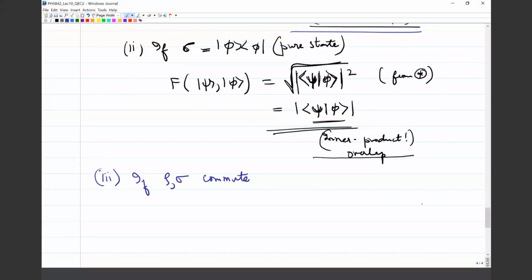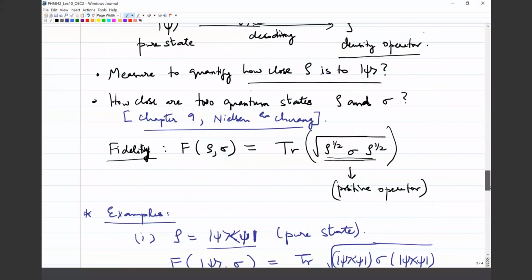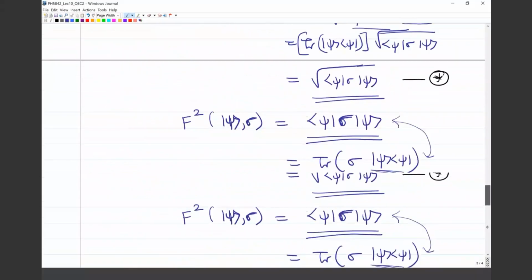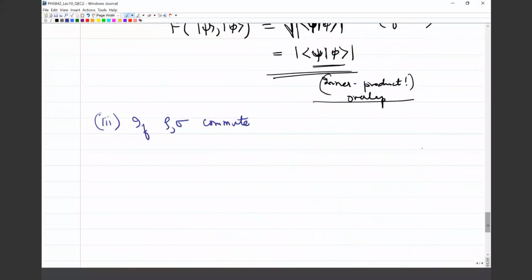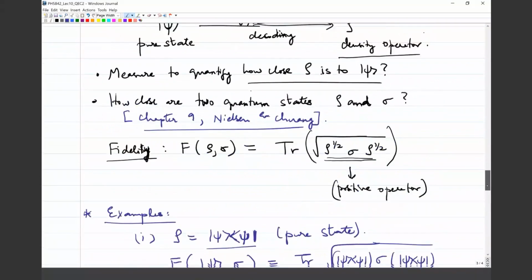Let me look at the so-called limiting cases first before I look at the commuting case. So I'm going to show you that this measure lies between 0 and 1. When will it be 0 and when will it be 1?